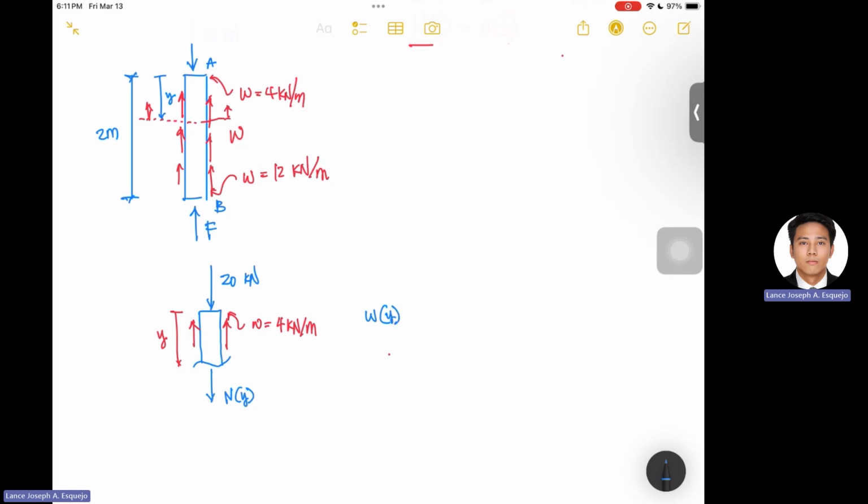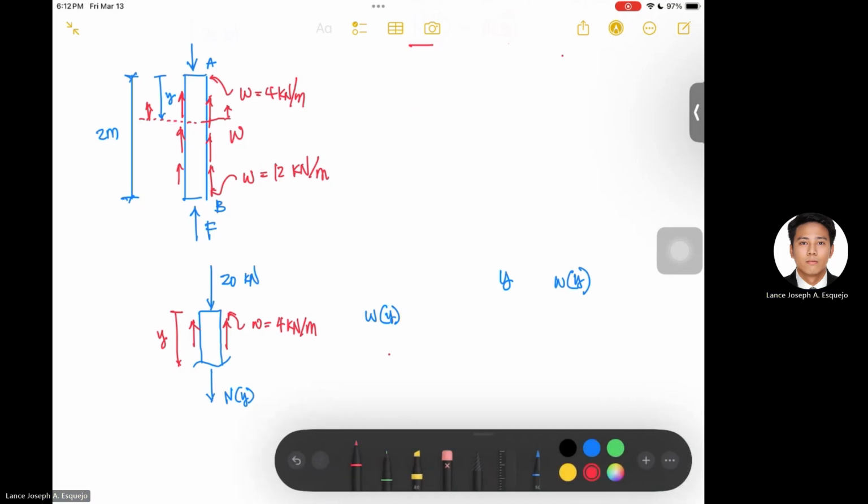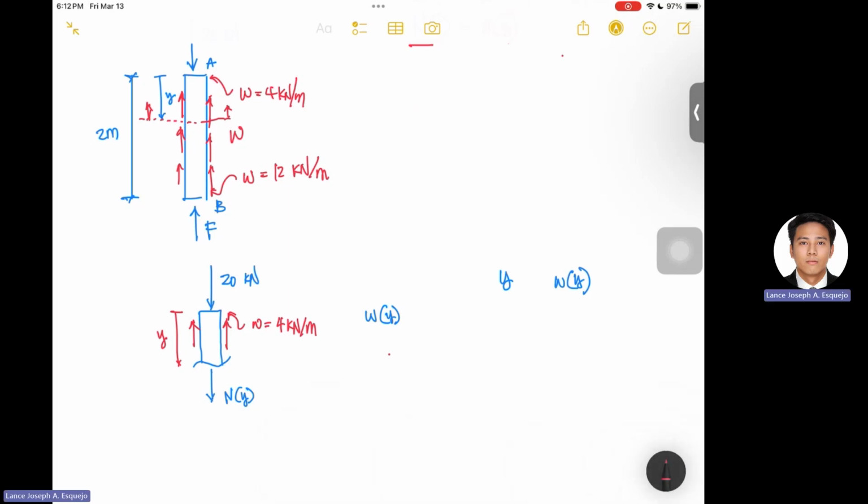So how can we determine? Better if we can create a tabulation. So let's say Y value and then the value of W as a function of Y. Starting from 0, the 0 value of Y is here. This is Y equals 0. Or here also, Y equals 0.